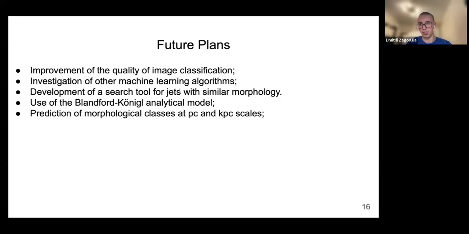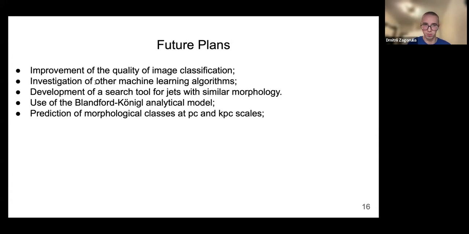Ideally, we would like to make a wrapper on this model and create a search tool for jets with similar morphology that all scientists could use, just uploading an image of a jet or any object and getting however many objects with similar morphology.